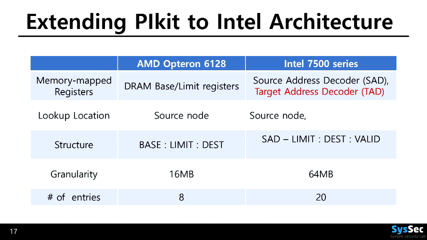The target address decoder is an additional table, and it is accessed before the memory request is sent to the memory controller at the destination node. And the TAD contains an offset value for remapping discontinuous memory regions. So because of this, the TAD offset value can be useful when we want to remap the victim address region.